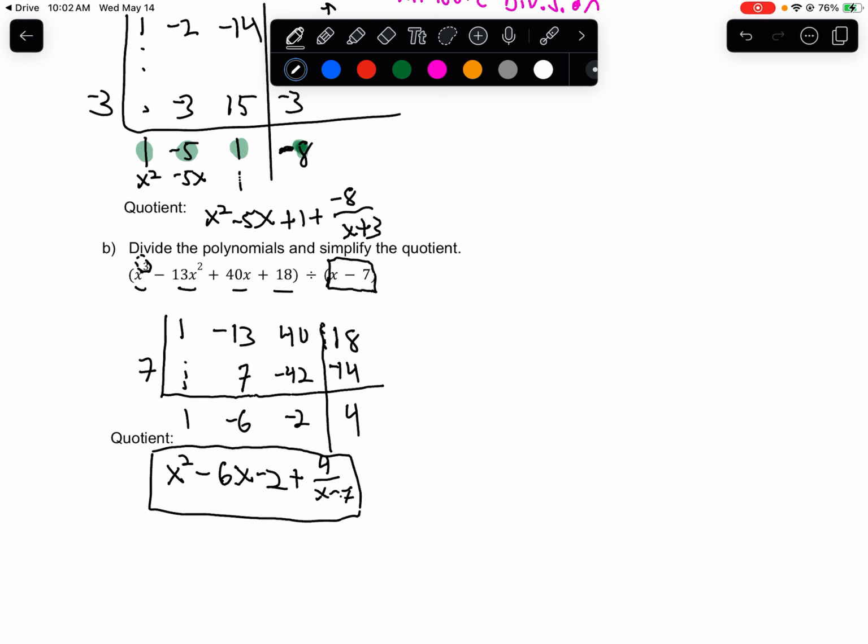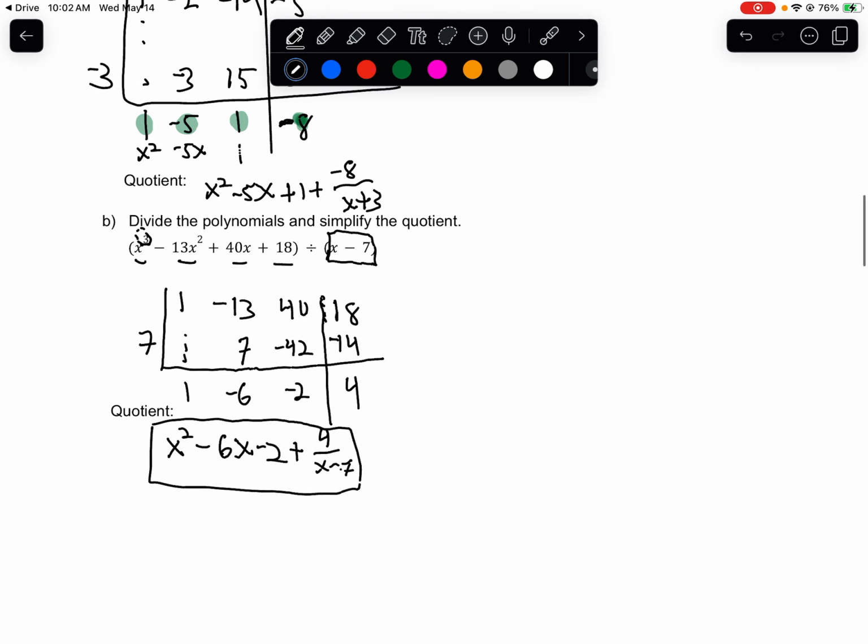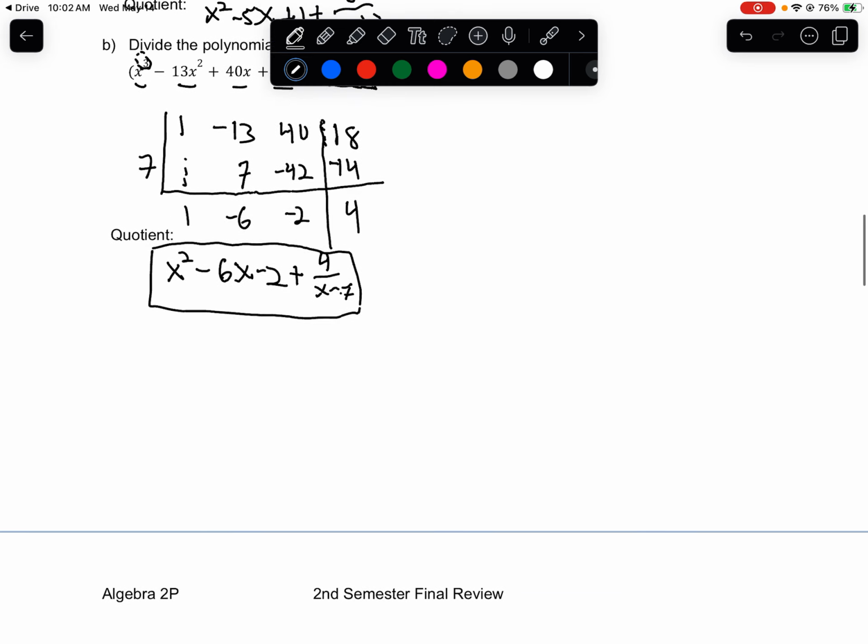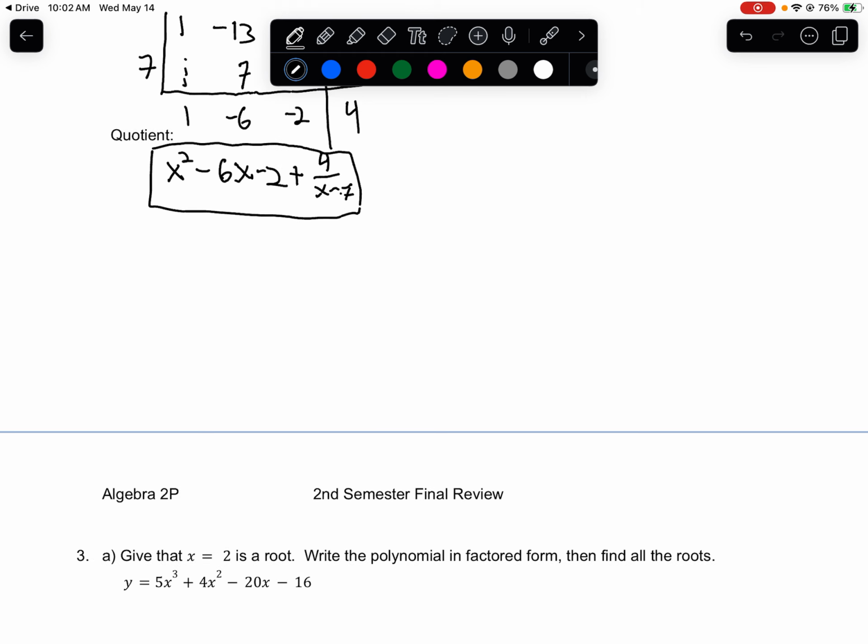Something called P over Q, where P is all the factors of the last number, of the constant term, and Q is all the factors of the lead coefficient. And then you start doing ratios until you find the right combination. So you would do it this way because it makes it easier. Now that we have graphing calculators, not so much.